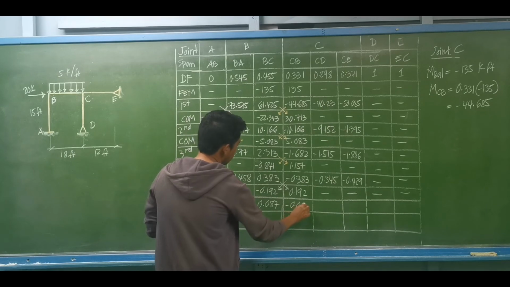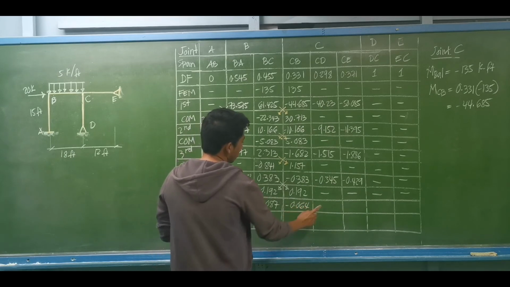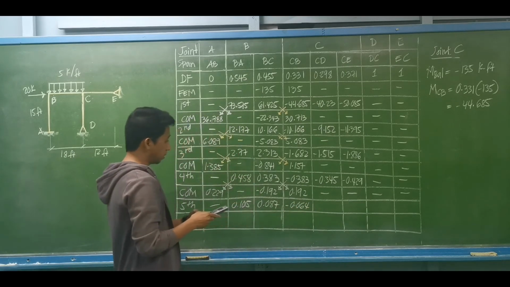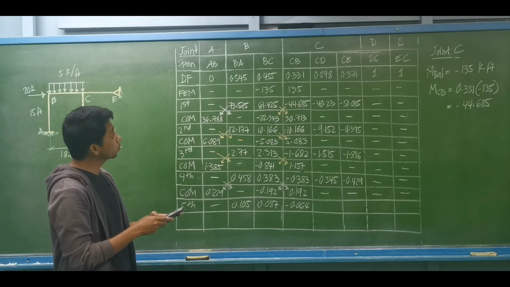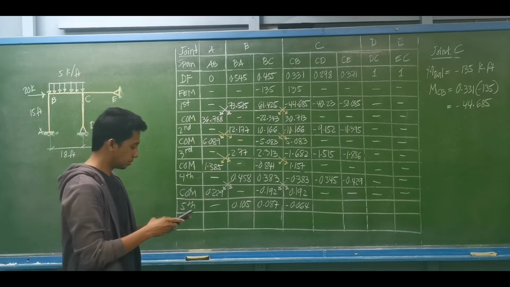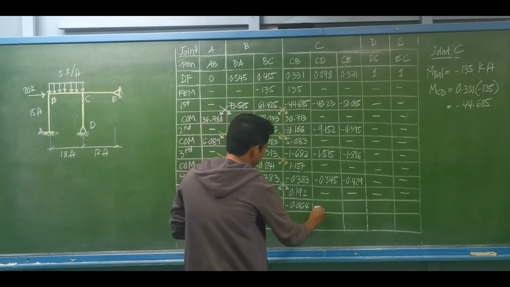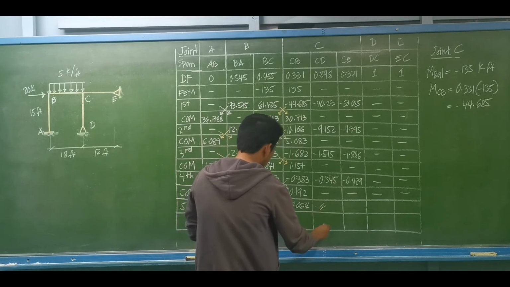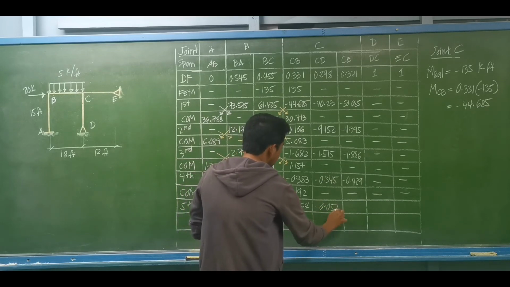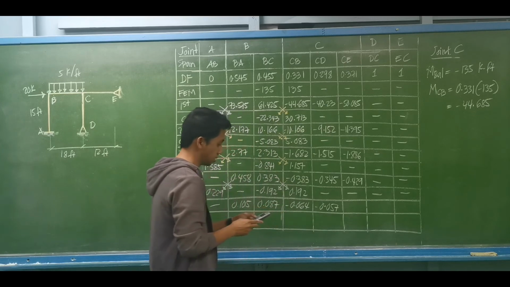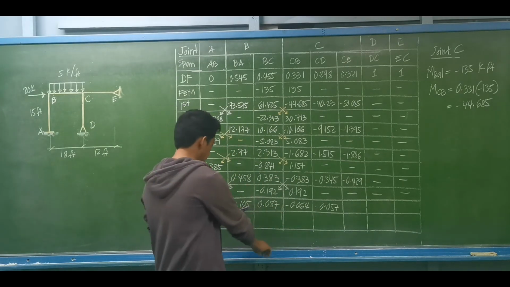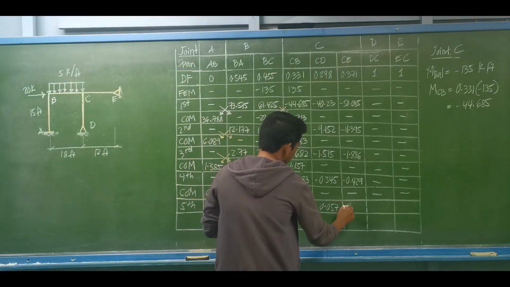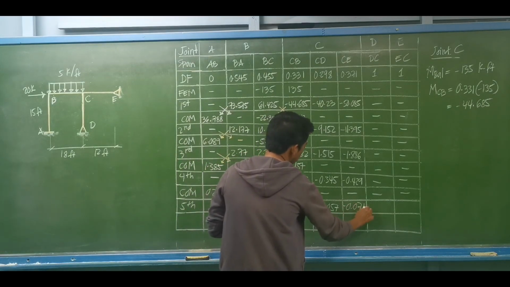is equal to negative 0.064. Then negative 0.192 multiplied by 0.298 is equal to negative 0.057. And lastly, multiplied by 0.371, this is equal to negative 0.071.